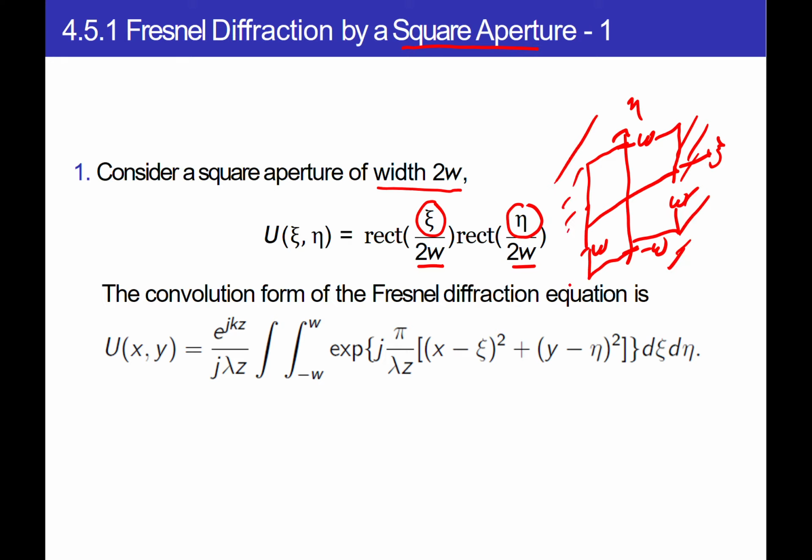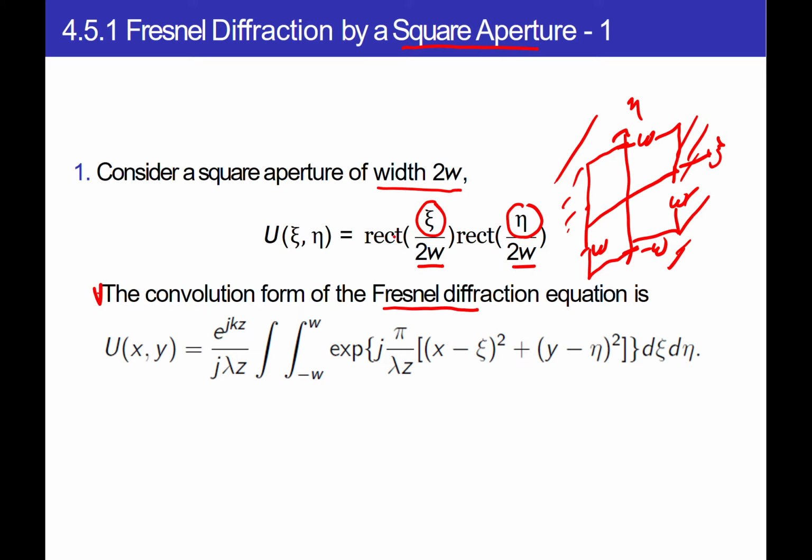This is our aperture, and then we have two forms of Fresnel diffraction. One is the convolution form, and the other one is the Fourier transform form. And then let's try to use the convolution form.